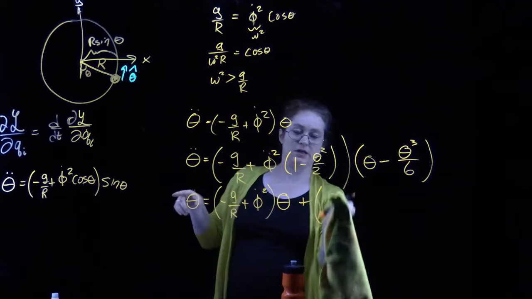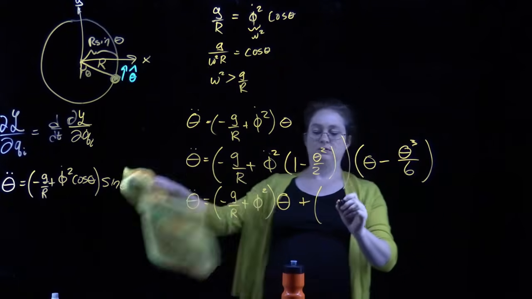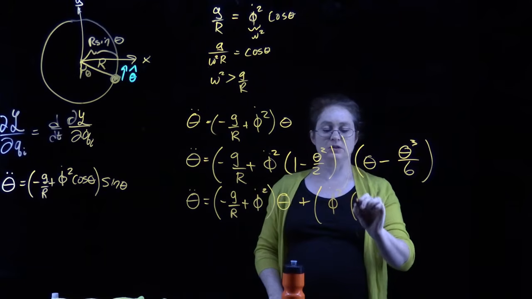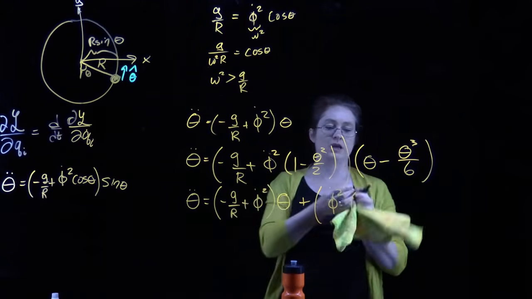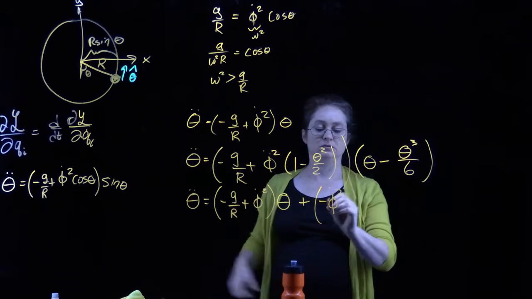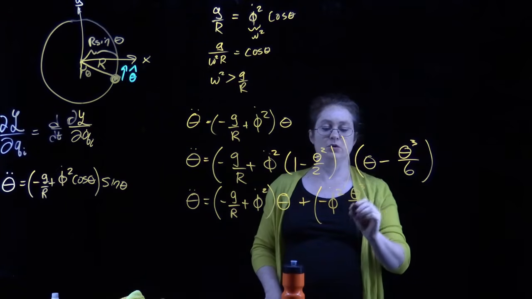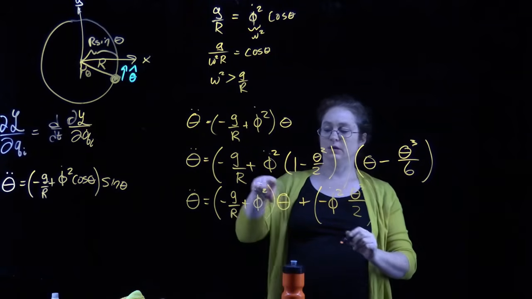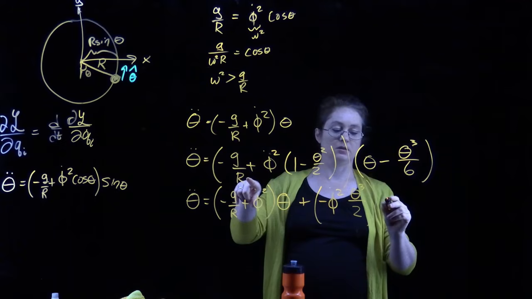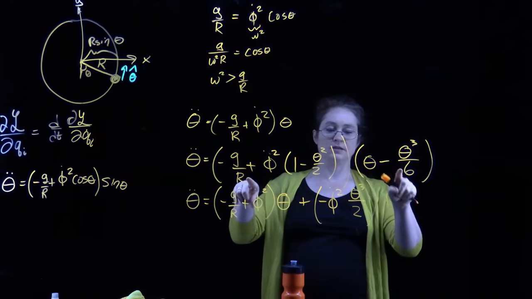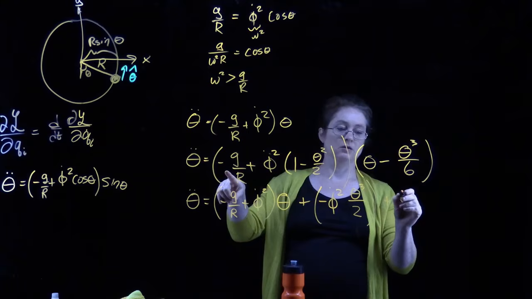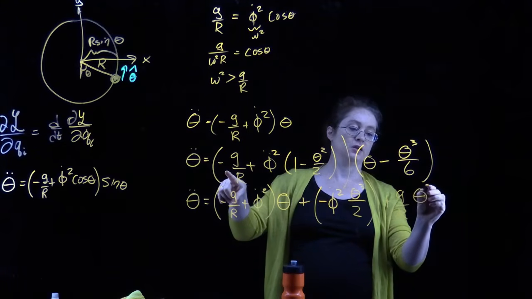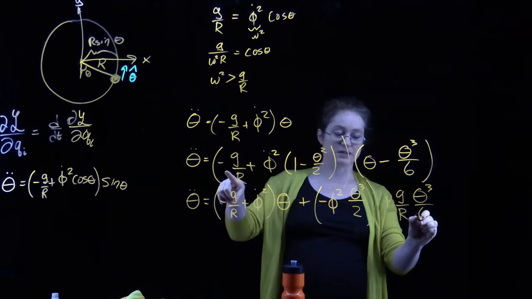So we're going to get a phi dot squared times negative theta cubed over 2. And then we're going to get a positive g over r theta cubed over 6.